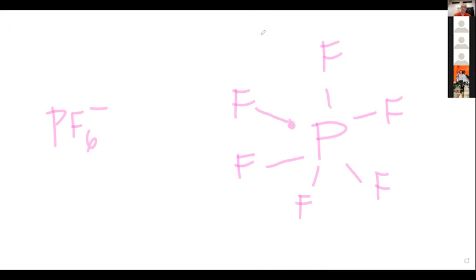It's got 1, 2, 3, 4, 5, 6. So how many does phosphorus normally have as an atom? 5. So it normally has 5. Now it has 6. So it has a charge of -1. So that phosphorus in the middle is negatively charged. And since it doesn't have any lone pairs, it's an octahedral, and the bond angle is 90 degrees.